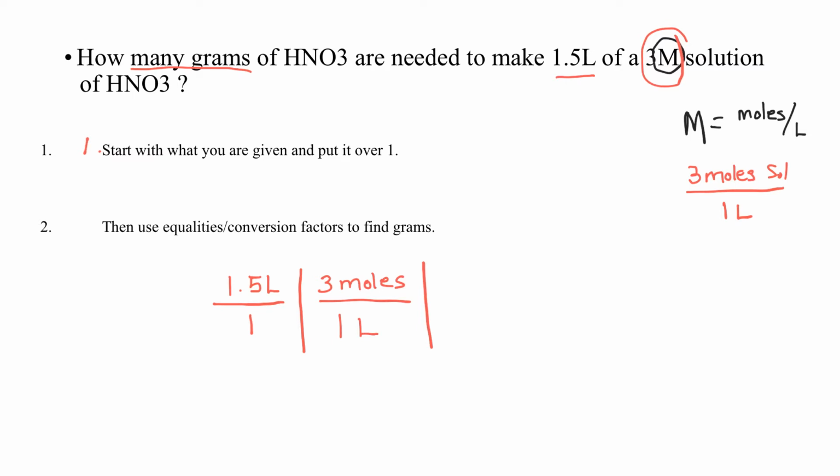Well, I'm going to use my molar mass. Molar mass of HNO3 is 60.01 grams of HNO3 per mole.